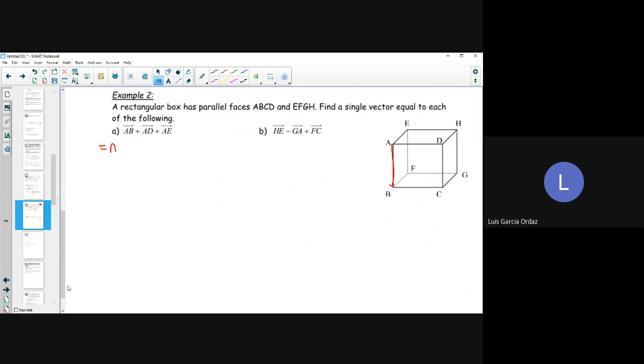So first of all, we start with vector AB, and then plus vector AD. Because we have this B over here, I need to find a vector that starts at the vertex B and goes somewhere. So can someone tell me the equivalent of vector AD that starts with B?